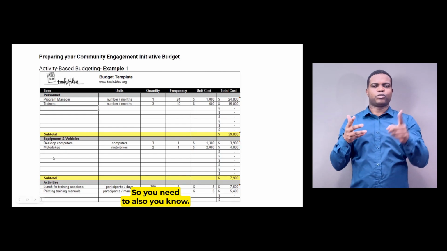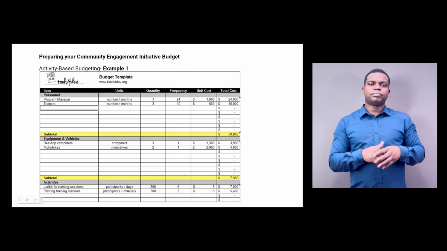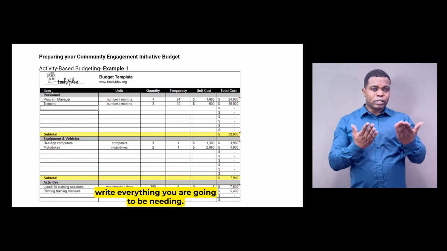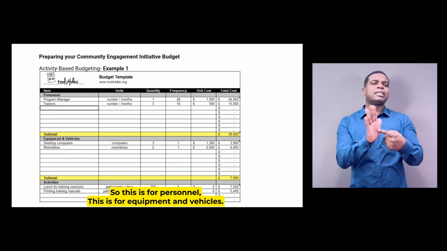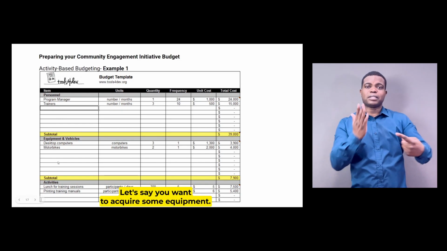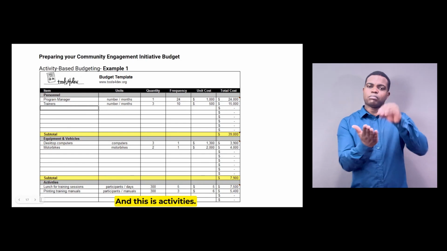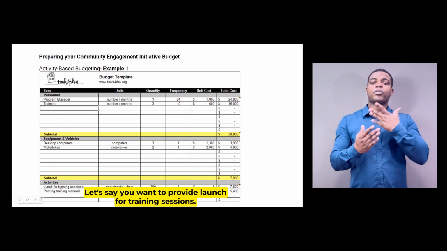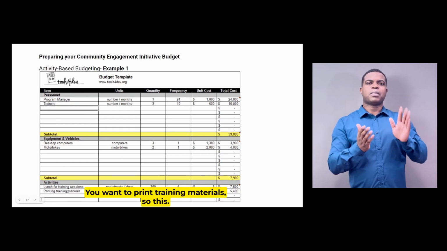So you need to also write everything you are going to be needing. This is for personnel, this is for equipment and vehicles. Let's say you want to acquire some equipment, and this is activities. Let's say you want to provide lunch for training sessions, you want to print training materials.